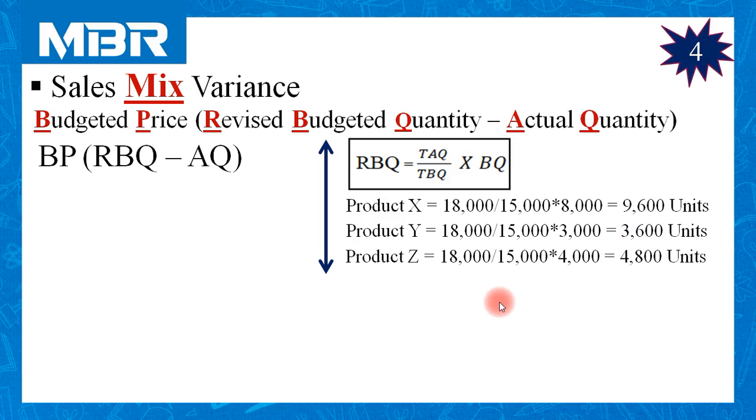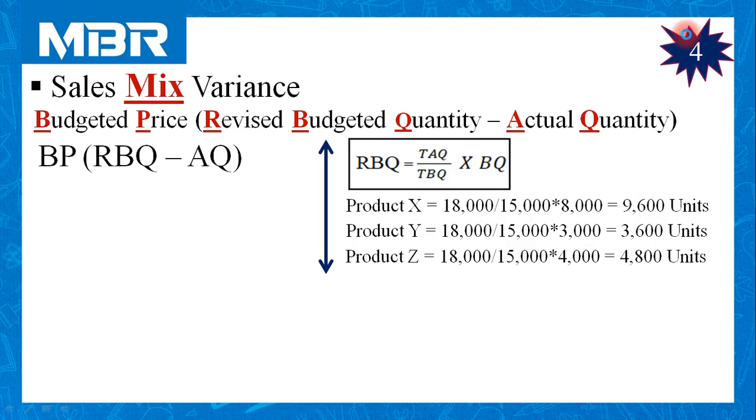And for Z, using the same mathematical calculation, you can find the revised budgeted quantity for product Z, 4,800 units. Right?